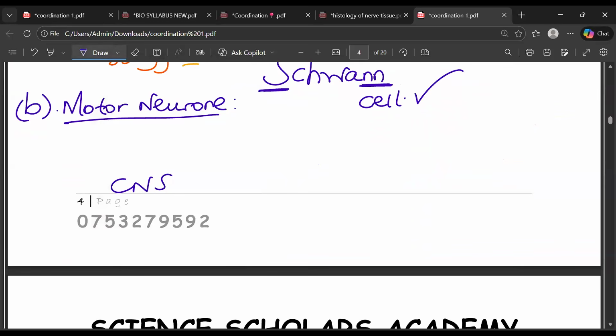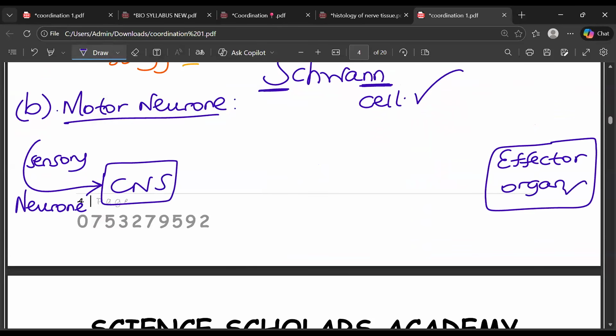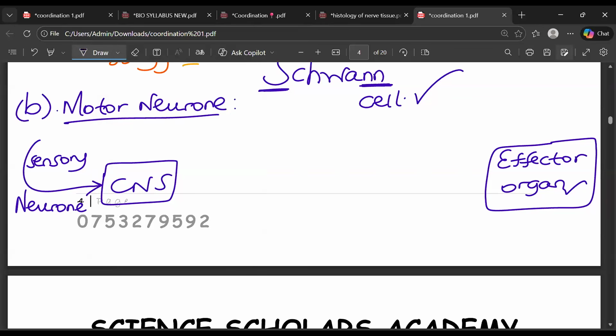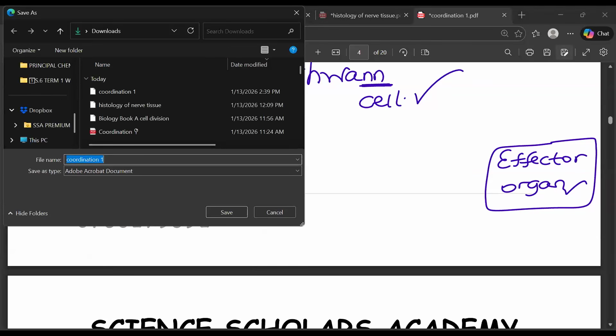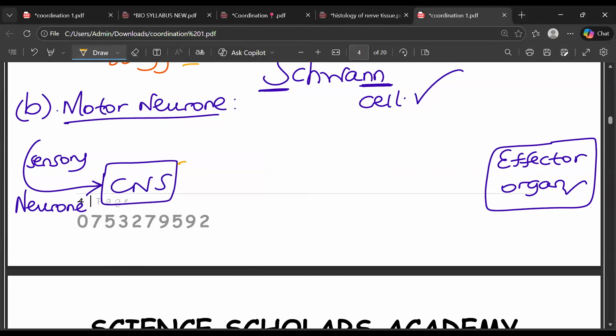So here we are having our CNS. Remember, the sensory neuron delivered. And now we want to see how the effector organ is going to get information from the motor neuron. So this is our effector organ. How is it really going to move? I was saying that, yes, we are having the dendrites as we expect. But now the question is, how are they going to be aligned this time round?